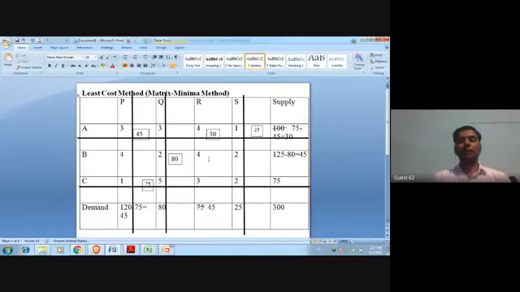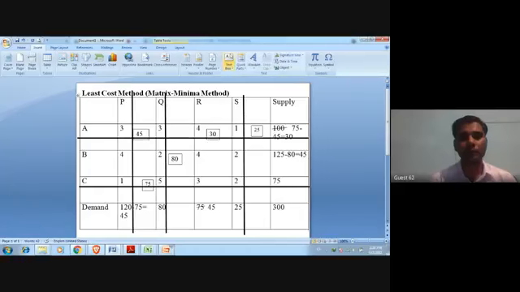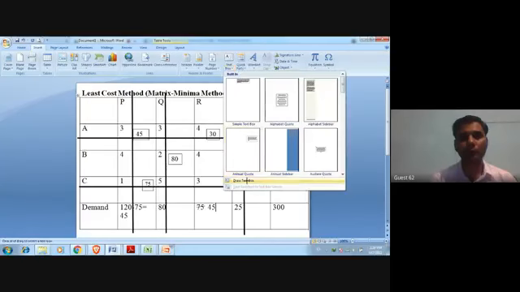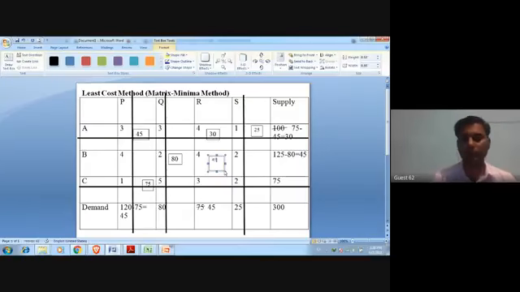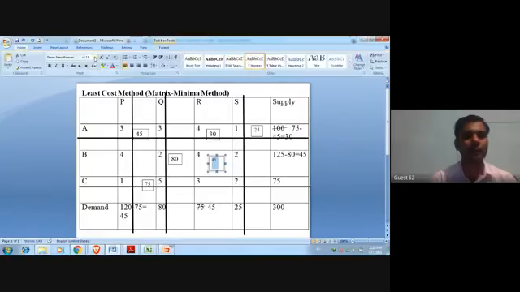Okay. So supply and demand are equal here. So we will allocate these 45 units to the warehouse R from factory B. Okay. So I have assigned 45 units to warehouse R from factory B. Now let's check all the allocation has completed, or you can say that all the demands and supplies have been fulfilled.